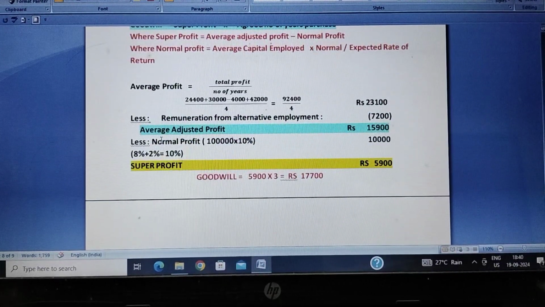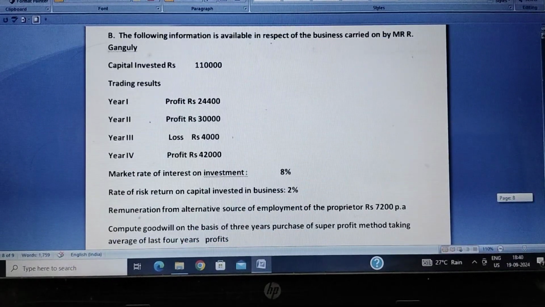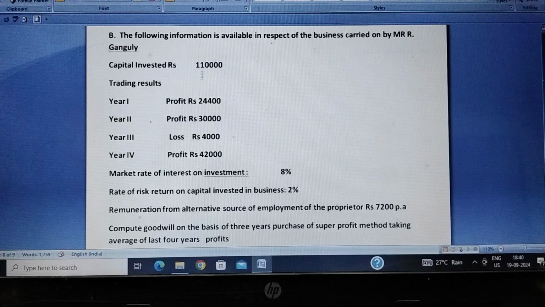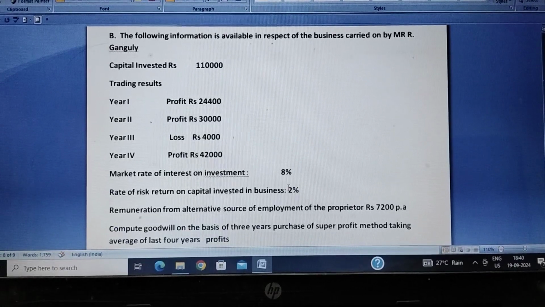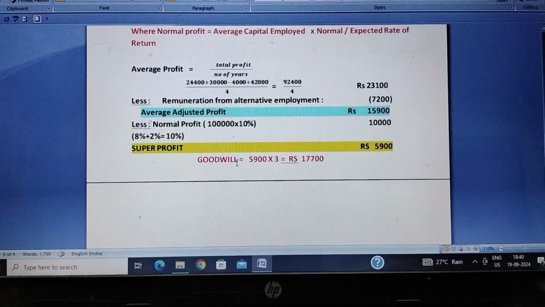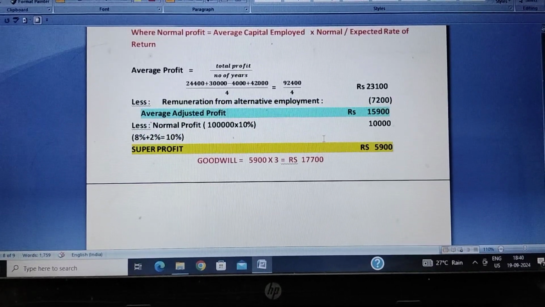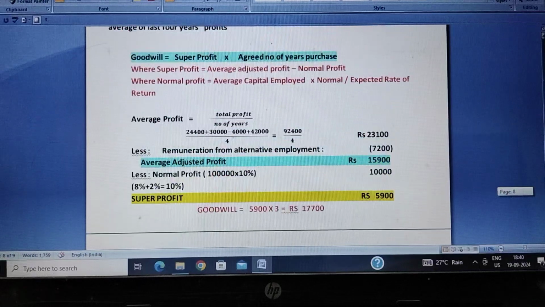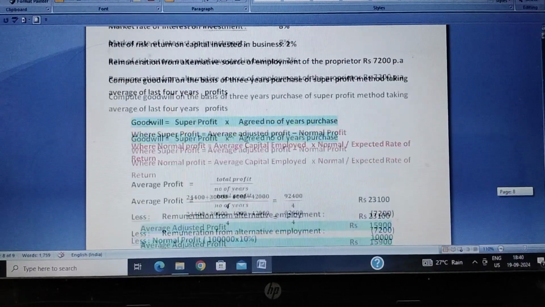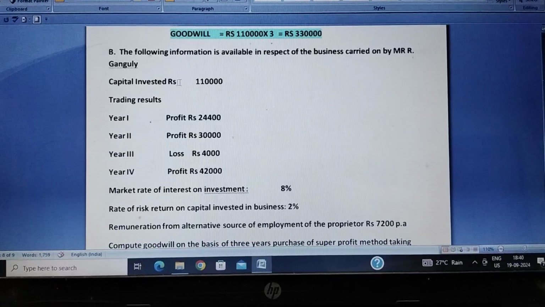And here we deduct normal profit, meaning capital employed into normal rate of return. Capital employed is 1,10,000 and normal rate of return is 8 plus 2%, that is 10%. Okay, I have made a little mistake. It should be 1 lakh.